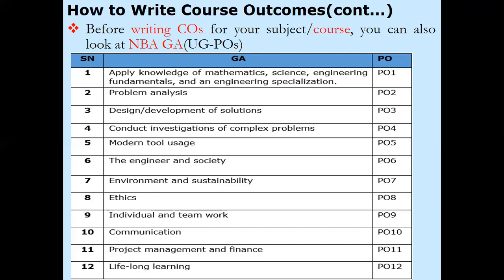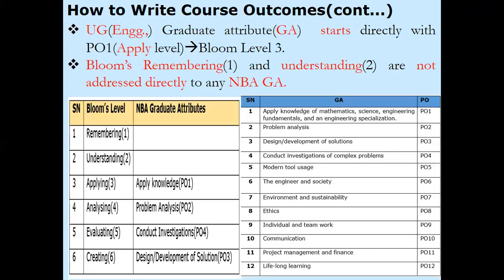Now, in UG engineering programs, the National Board of Accreditation graduate attributes directly start with P1, in the sense the apply level. With respect to Bloom's point of view, we refer to Bloom's level 3. Bloom's level 1, in the sense remember level, and level 2, understanding, are not directly addressed to any UG graduate attributes.